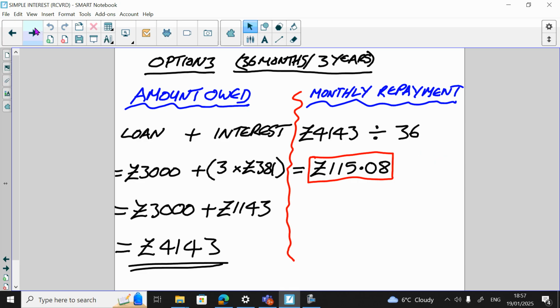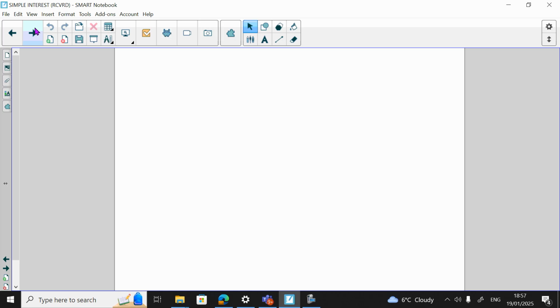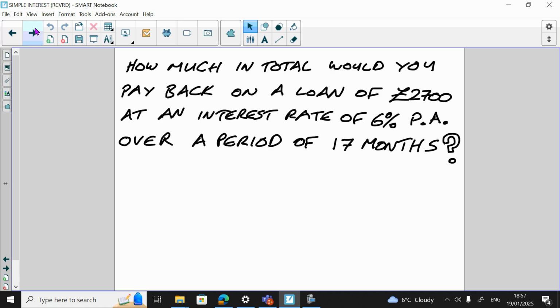Let's chop that off. So here, what I'm doing is I want to get into a little more detail, because sometimes you don't pay things on an annual basis.